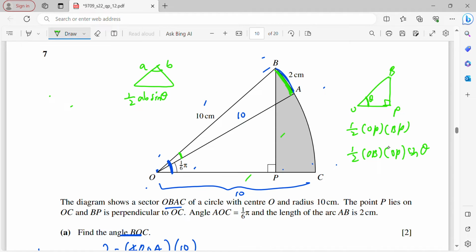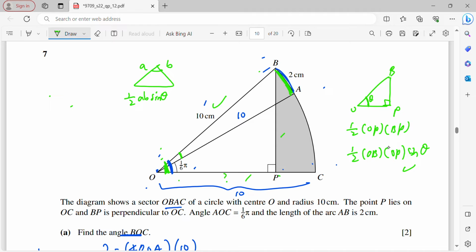So I'm going to use the second formula because OB is 10. I just need to find what is my OP. The OP can be found using the angle. Look at here. I know what is this angle. We have just found it. So OP is the adjacent side and OB is the hypotenuse. Adjacent and hypotenuse means cos theta.